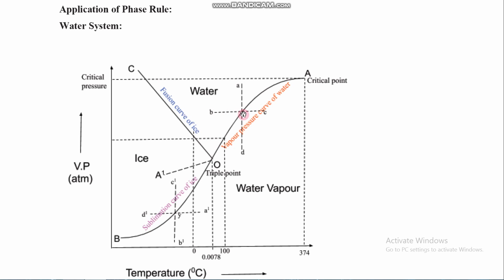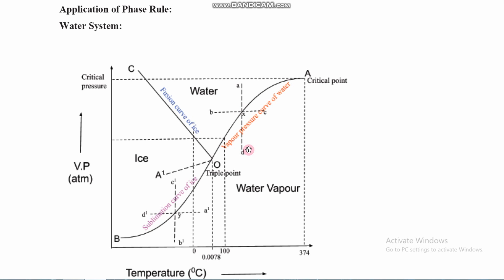Again, at the point X, pressure is kept constant and temperature is increased. Then the liquid water is converted to vapor. And if temperature is kept constant and pressure is decreased, then liquid is converted to vapor.